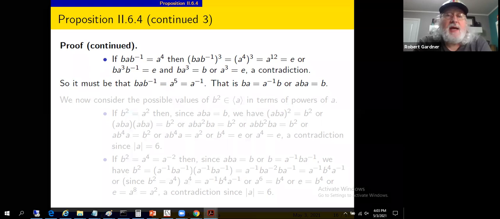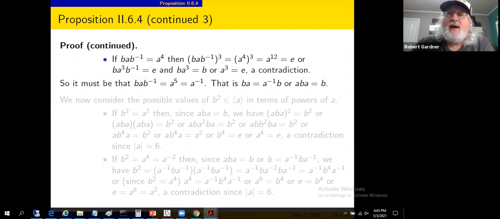So b a b inverse must be some power of a, and it ain't the 0th, 1st, 2nd, 3rd, or 4th power. It must be the 5th power. Remember, a generated a subgroup of order 6. So we must have a to the 5th, or if you like, a inverse. It's an element of order 6, so a to the 5th and a inverse are the same.